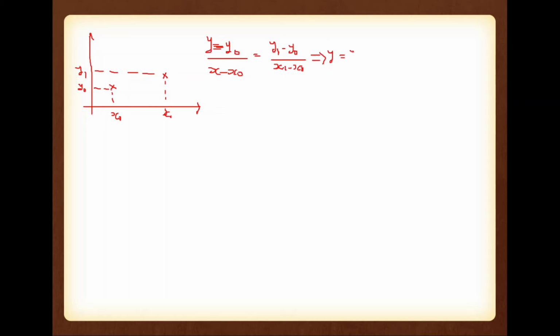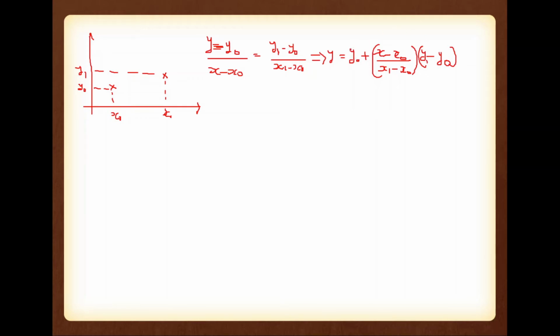So y is equal to y0 plus (x minus x0) divided by (x1 minus x0) into (y1 minus y0). Is it okay?